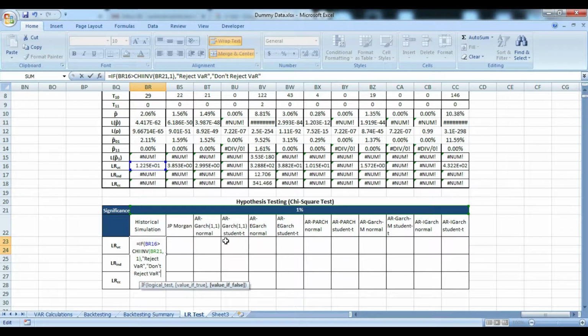Okay, so we'll close the brackets and press enter. So it is saying reject VaR for this.